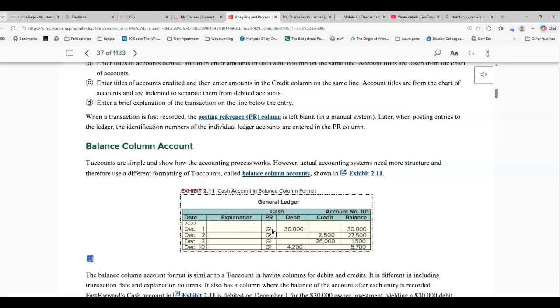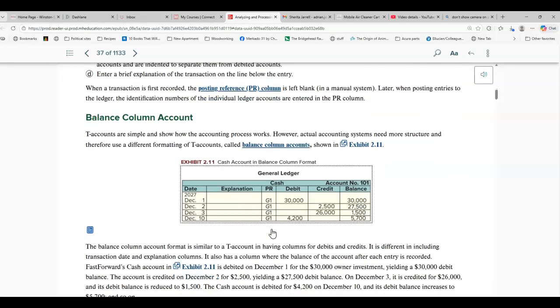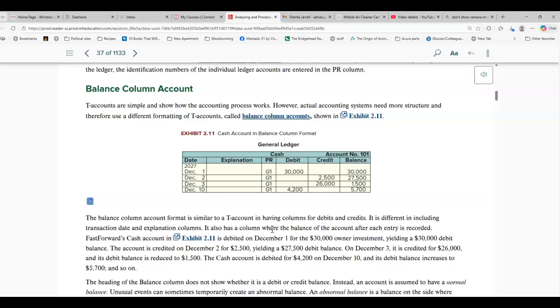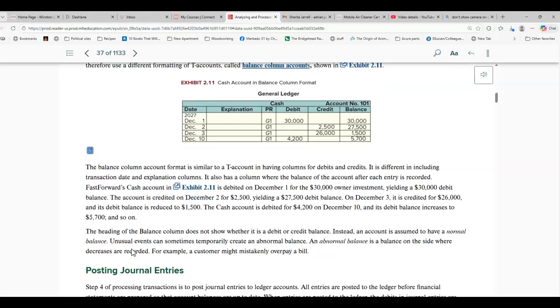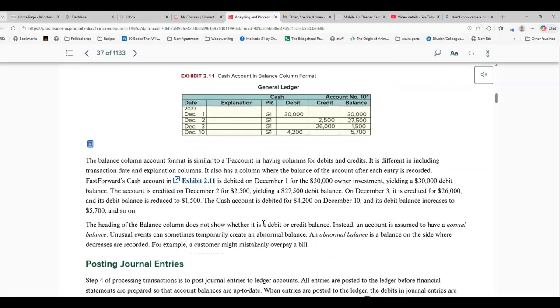We're going to be doing mostly the general journal, but there are special journals that we'll talk about another time. The book doesn't spend a lot of time on them, but you need to know them. As it says, the heading of the balance column doesn't show whether it's debit or credit, and the account is assumed to have a normal balance. So cash, an asset, is going to have a normal debit balance.